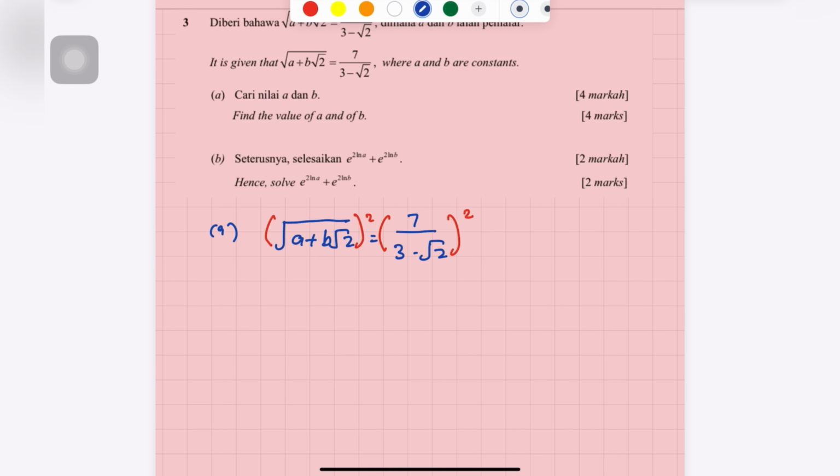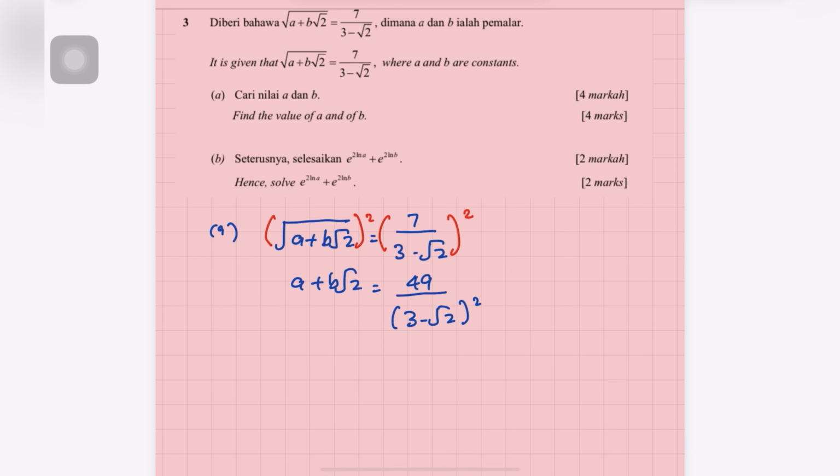Okay, so then this becomes a plus b root 2, right? Okay, so 7 squared is 49, over (3 minus root 2) squared. Okay, so then we simplify this one.